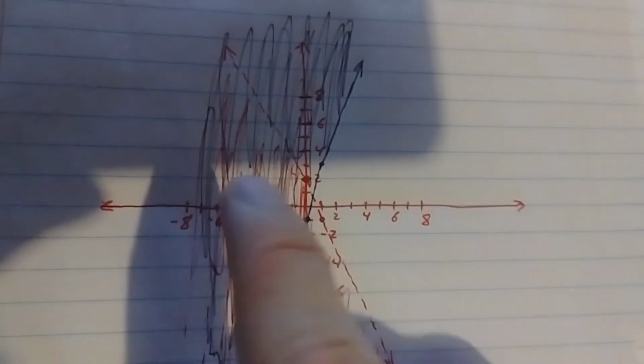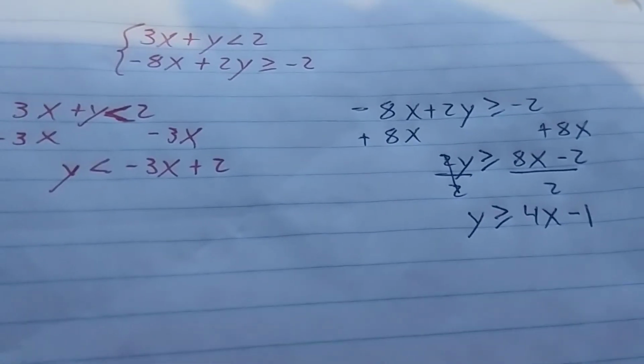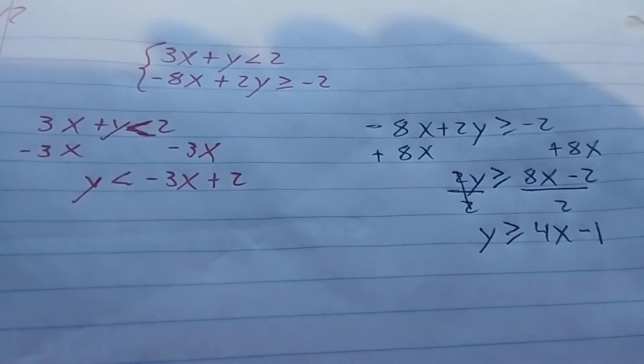You don't have to specify what is the answer. I just want to see that you can actually graph them like this and see where the colors overlap. When I see that the colors are overlapping pretty much there, I can understand that that is the right answer. And this is pretty much it in graphing. Just graph. Be careful with the signs. If it's less than, shading down.